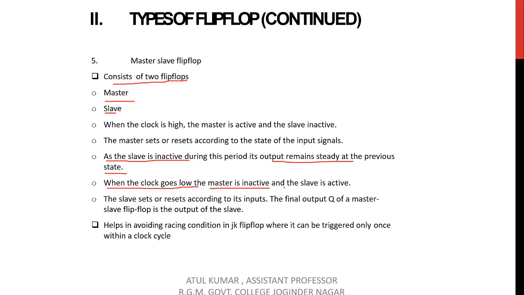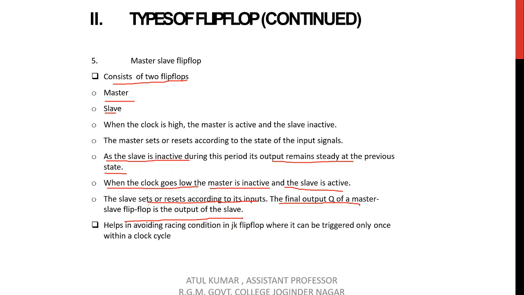Then when the clock is low, the slave is active and the slave works. So when the clock is high, the master works, and when the clock is low, the slave works, and the slave sets or resets according to its input. The final output Q of the master slave is the output of the slave. So when the clock is high, the master is active and the slave is inactive. When the clock is low, the master is inactive and the slave is active.